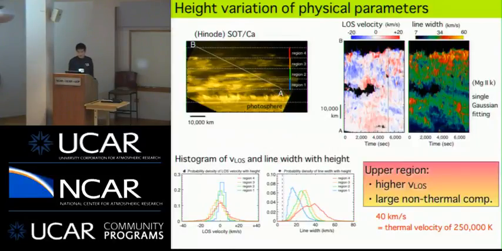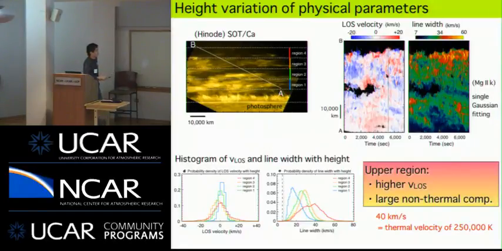And as I said, the higher part of this prominence has a large velocity amplitude and also large line width like this. And to make it clear, I made histograms of these parameters, the line of sight velocity and width. And now I divided this prominence into 4 regions like this.